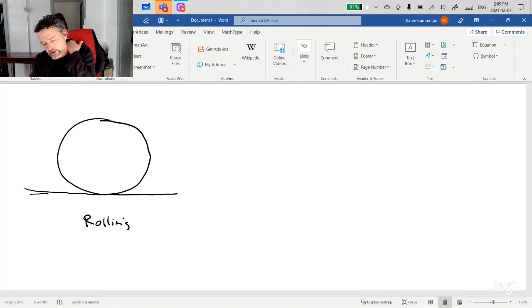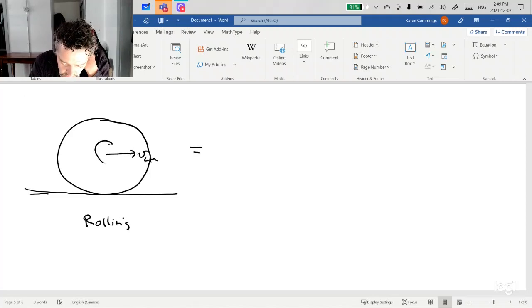And that rolling motion, there's a center of mass velocity, VCM, and there's an angular velocity, omega cm, center of mass point here. So this thing is rolling along. And so what does that mean? Well, that rolling motion is exactly the same thing as translation.